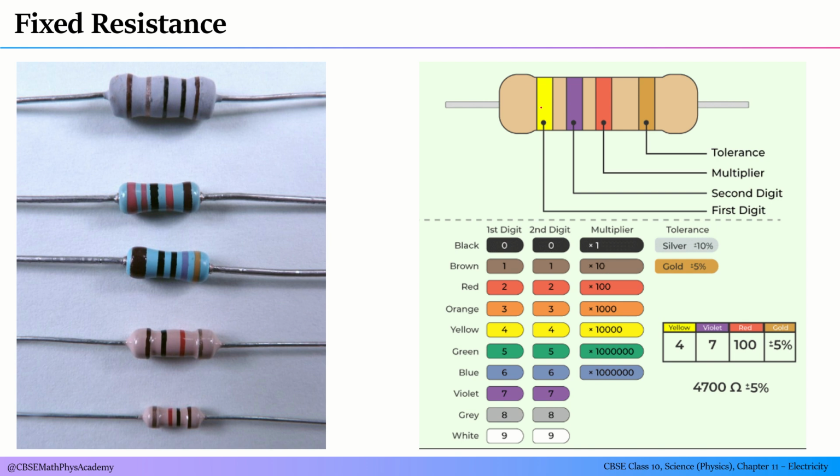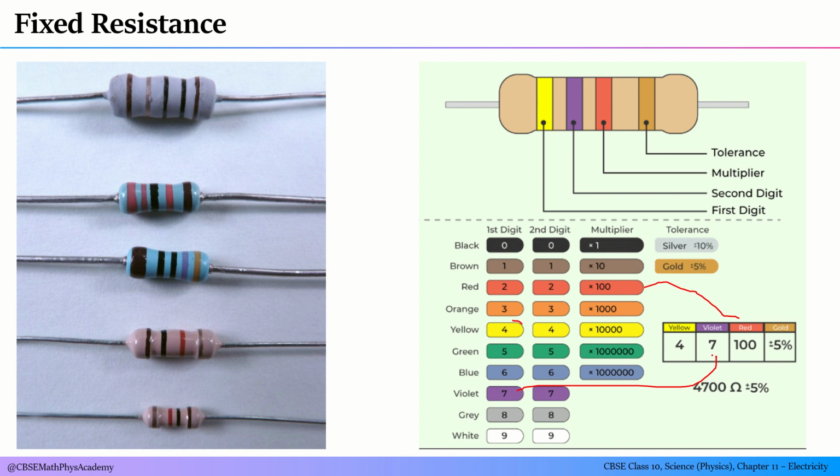So for example, in the given one, the first digit, yellow, stands for 4. Violet stands for 7. So 7 comes here. And the multiplier red stands for 100. So the 100 comes here. Tolerance you can ignore. It's either gold or silver.